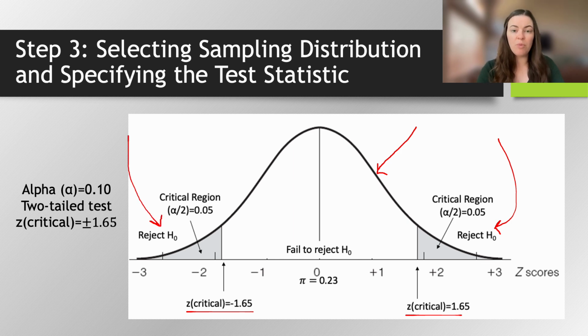One other thing that I want to point out here as well is just a brief reminder that when we have an alpha level, in this case of 0.1, but we have a two-tailed test, those associated values will actually be divided by 2 because we have to account for both ends of the distribution. So in terms of area, each danger zone is essentially a proportion value of 0.05 or 5%.